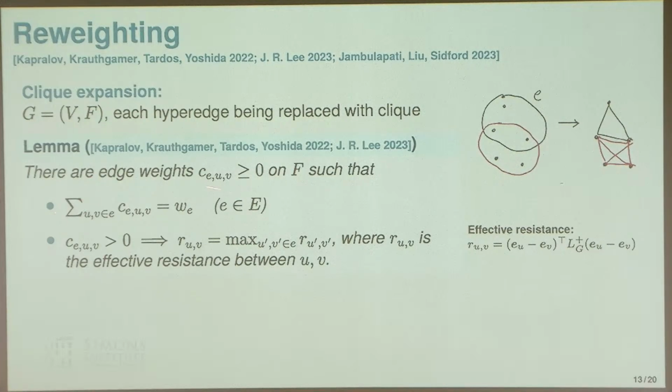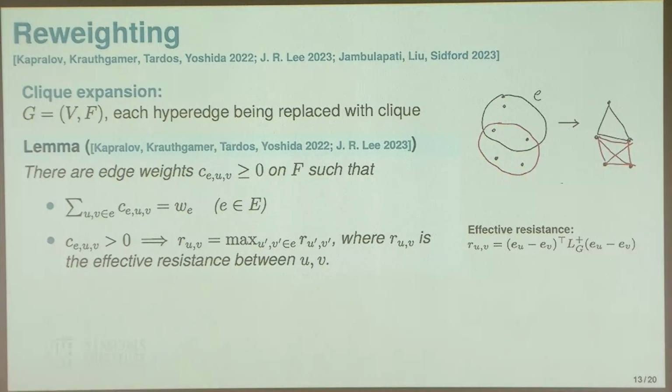So this is the first condition. c_e(u,v) is the weight for the pair (u,v) given by hyperedge e. So basically, we are distributing the weight of the hyperedge to edges in the clique. And this is a very complicated thing. If a pair gets positive weight, then its effective resistance, well, you don't need to understand what effective resistance is, but it's a very important parameter in spectral graph theory, must be equal to the maximum effective resistance in the clique.